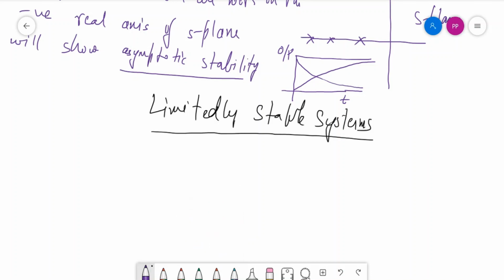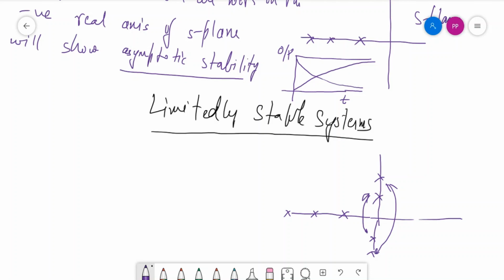If we draw the roots in such a way, the roots are on the negative real axis, and there are certain non-repeated roots. These are coupled. Actually, complex roots appear in complex conjugate form, so there are pairs.